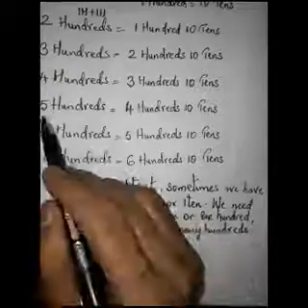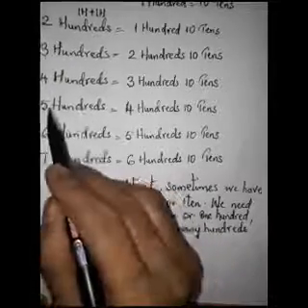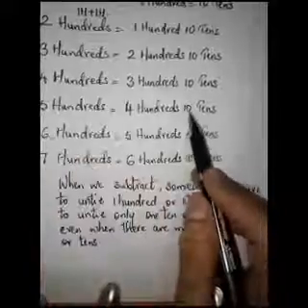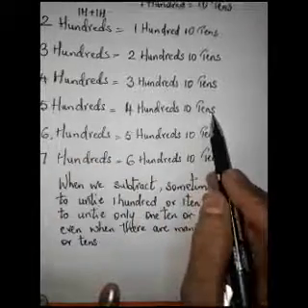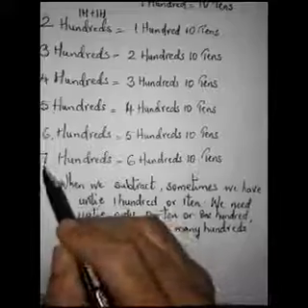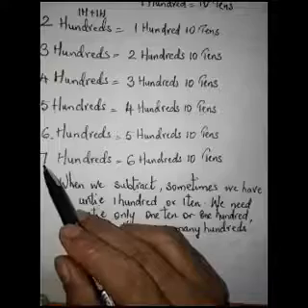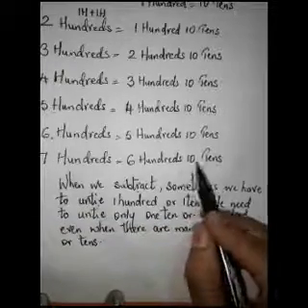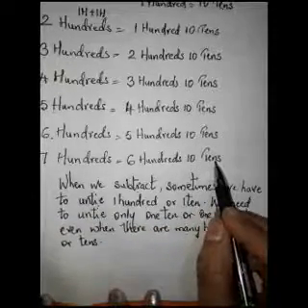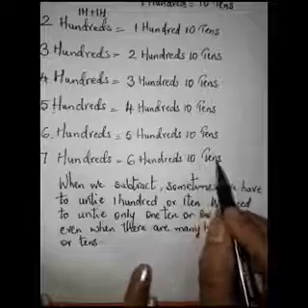Okay, if there are 500s, then only from that 100 should be converted into tens. If there are 700s, then we have to convert only 100 into tens. So 100 will become 10 tens.